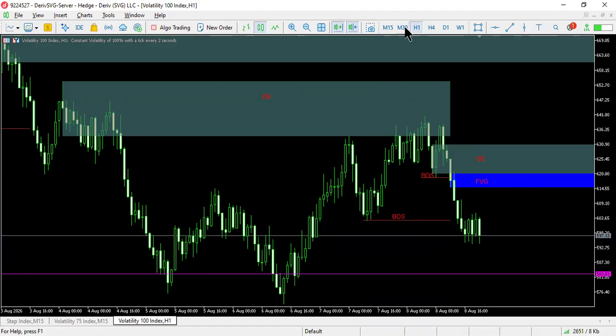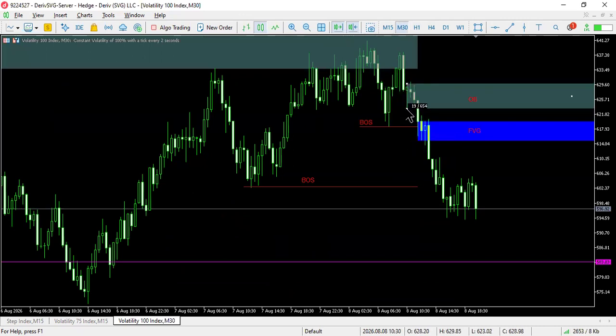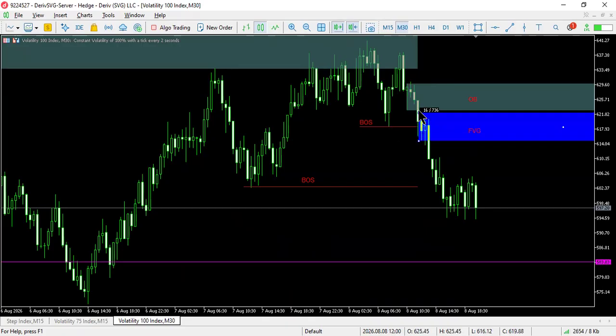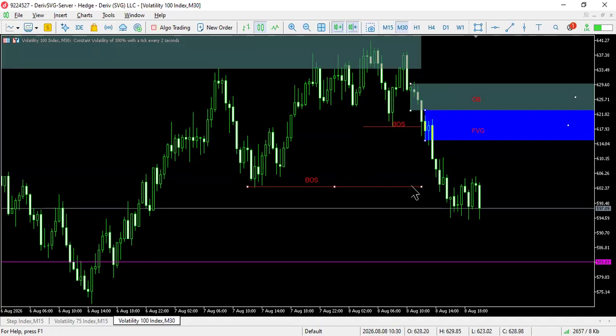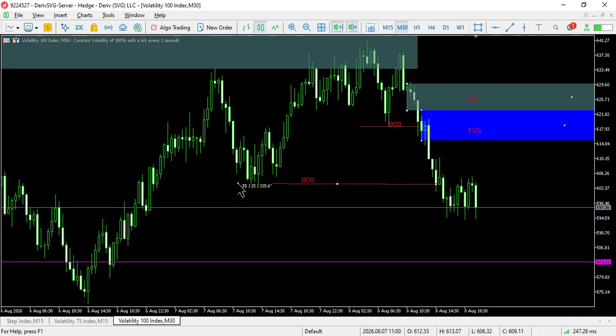And then heading over to the M30, adjusting our levels to the M30, our order block will be there. And then our FVG. And then this, our general break of structure, will be at that level.